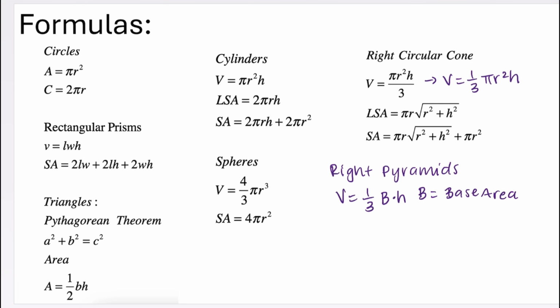Now lateral surface area and surface area. So surface area is when you add up the areas of all the sides, which is kind of explanatory. Lateral surface area is like the area around the shape, if that makes sense. So for a cylinder, you have the circles on the top and the bottom, but you have this rectangle that's wrapped around the vertical side of the shape.